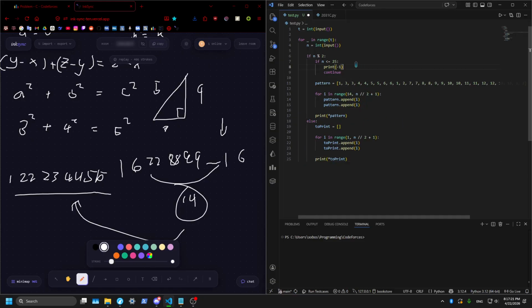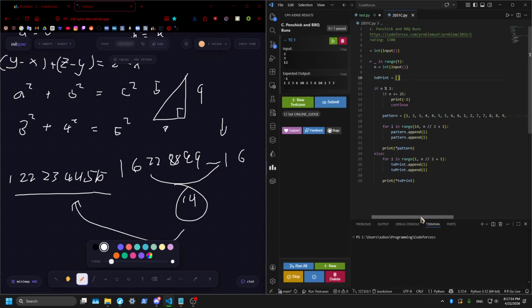And if it's odd, if it's less than 25, it's impossible because we cannot put 3 of the same flavor down within that range. Otherwise, we have this hard-coded start that allows us to place 3 of the same flavor within this range. And for any additional counts after that, we can put the same number next to each other to fill in the rest. And yeah, that's my code.